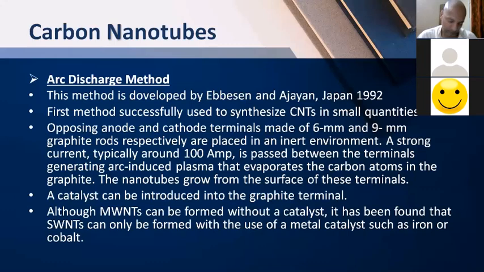By this, an arc is generated between the anode and cathode, which produces a plasma state between them. We use a catalyst, doped between the cathode and anode, by which we get the carbon nanotubes. In the arc discharge method, we normally generate multi-wall carbon nanotubes, but it can't generate single-wall carbon nanotubes without the catalyst.